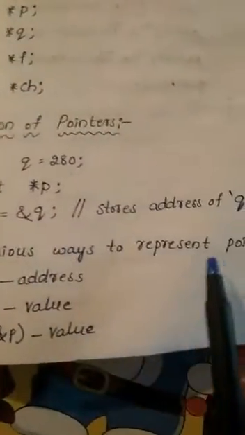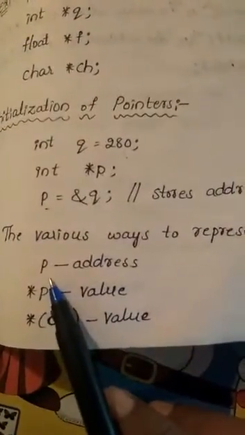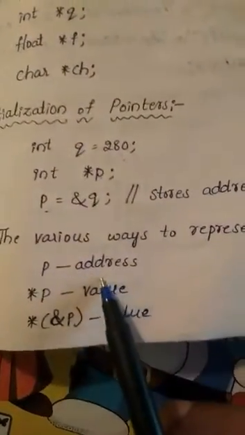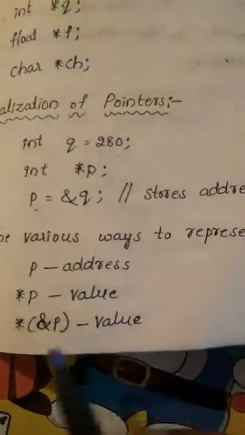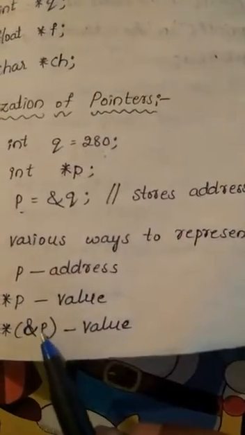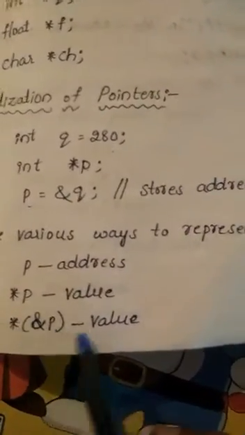The various ways to represent pointers. Pointers represent: p means address, star p means value, address of p star means value. How is this?